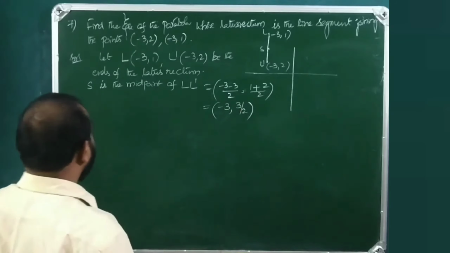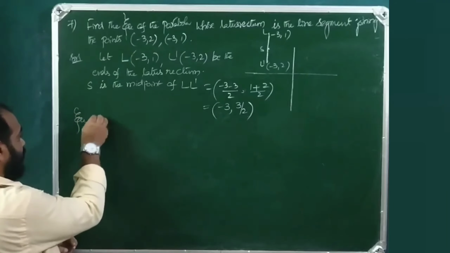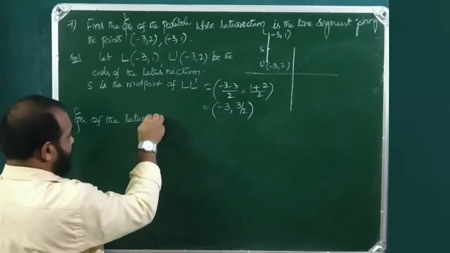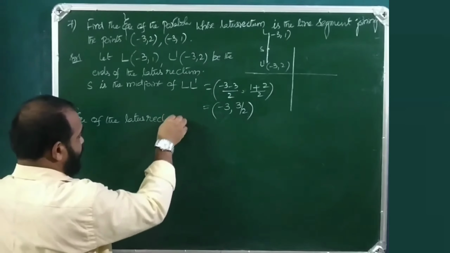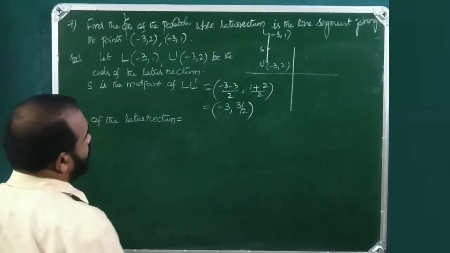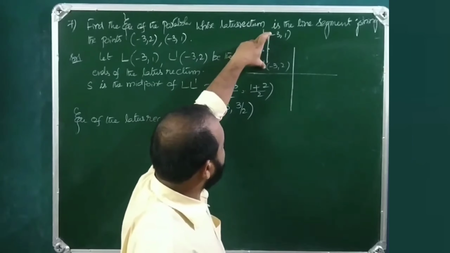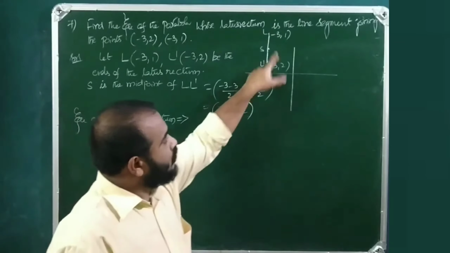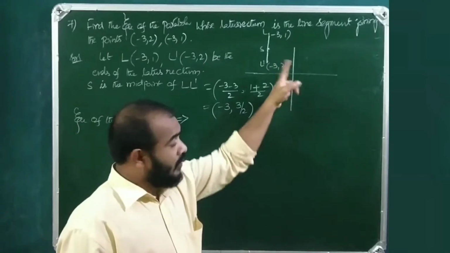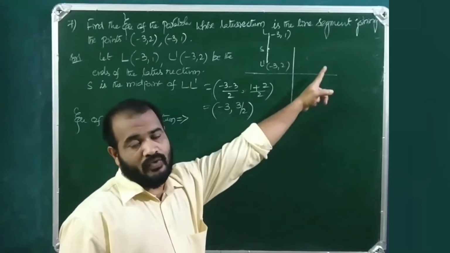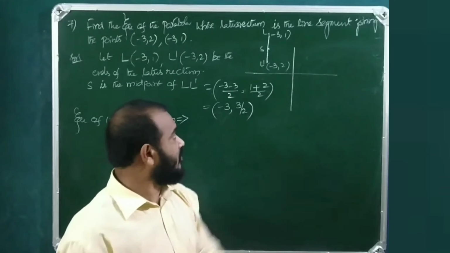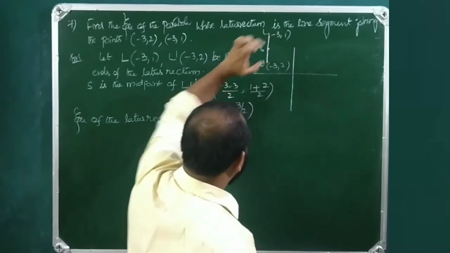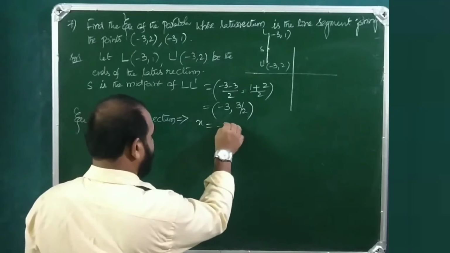Now, what is the equation of the latus rectum? Using y minus y1 equals (y2 minus y1) by (x2 minus x1) into (x minus x1), or simply this is x equals minus 3.